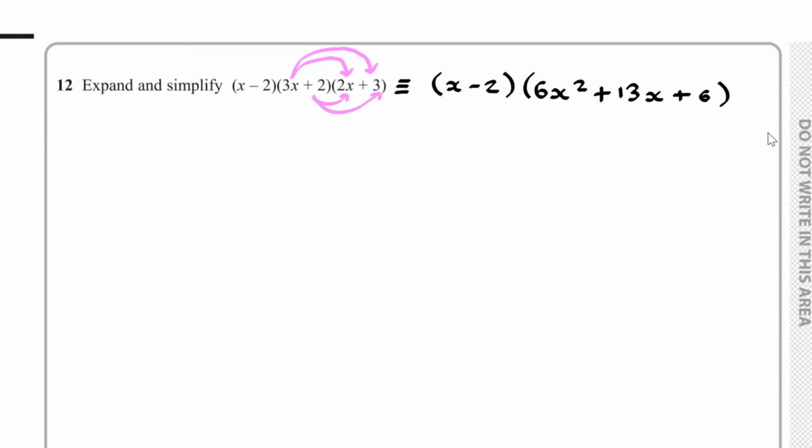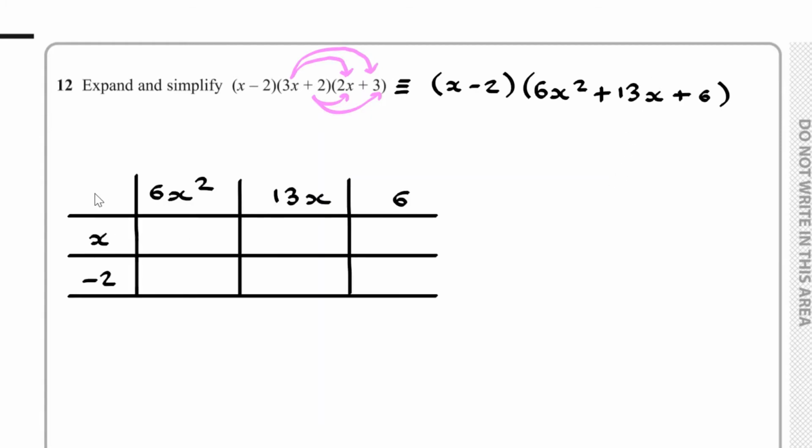So we need to expand all of this out. And one possible way is to use the grid method. So I've set up a grid over here showing our multiplication, and if I work all of this out, 6x squared times by x is 6x cubed, x times by 13x is 13x squared, 6 times x is 6x, minus 2 times 6x squared is minus 12x squared, minus 2 times 13x is minus 26x, minus 2 times by 6 is minus 12.